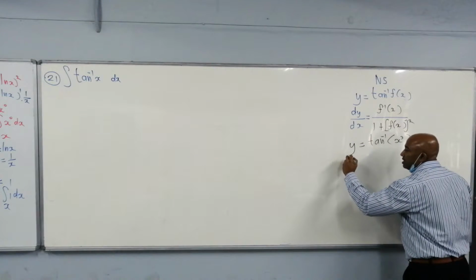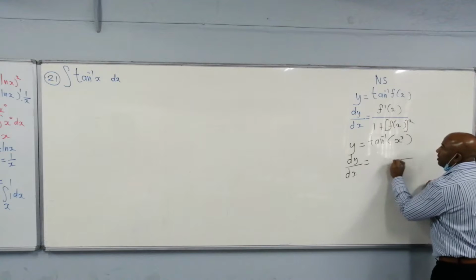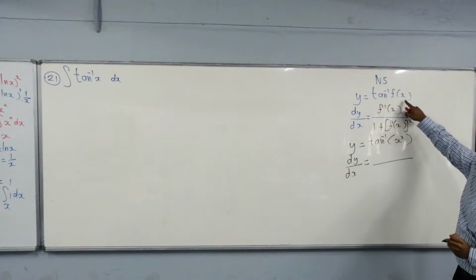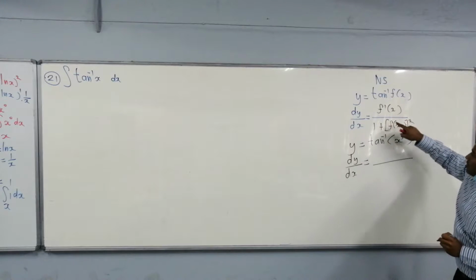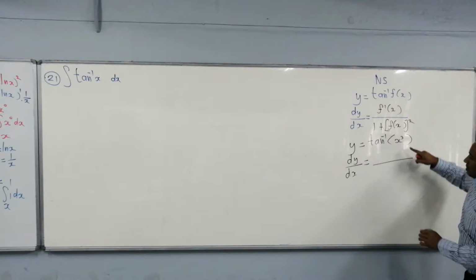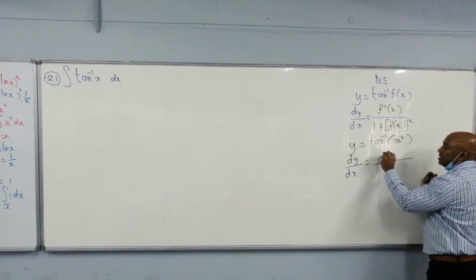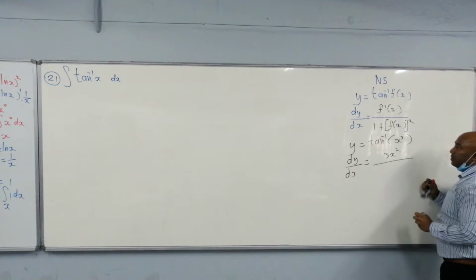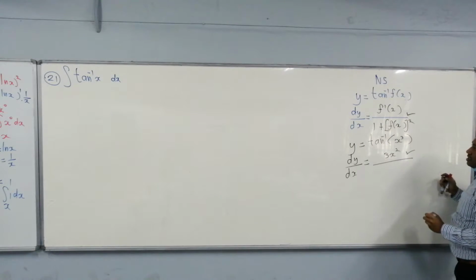So if I want to differentiate this, dy over dx, the formula works like this. Whatever you have here, differentiate it and write down the answer there. We have x cubed. Differentiate it, write down the answer here. The derivative of x cubed is 3x squared. So I got that part sorted out.